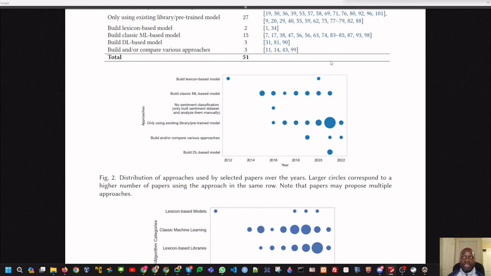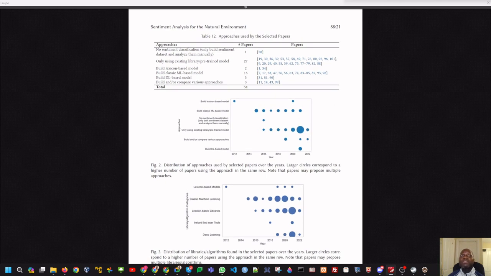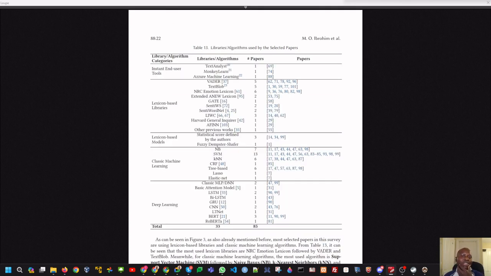And you can see the various developments with time across the various papers. So this is now the actual literature review, where they even look at the various algorithms that come up, and that's it.